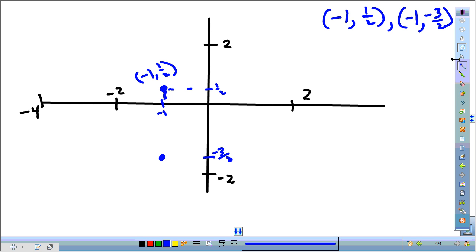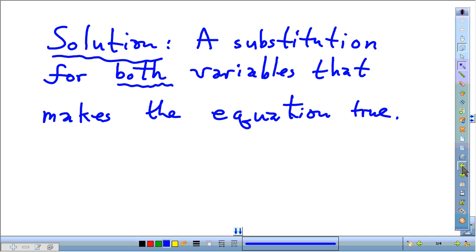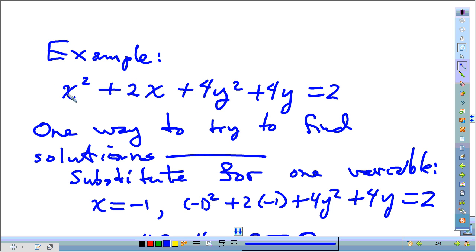So we could continue to find points. In this case, if you noticed, we can substitute many values of x and generate values of y. So actually, we could find infinitely many solutions, each one representing a point on a graph.